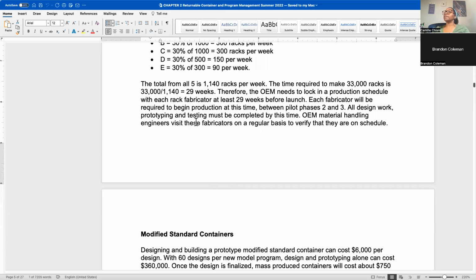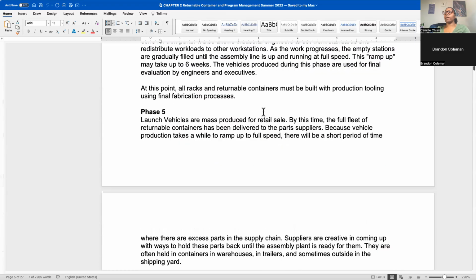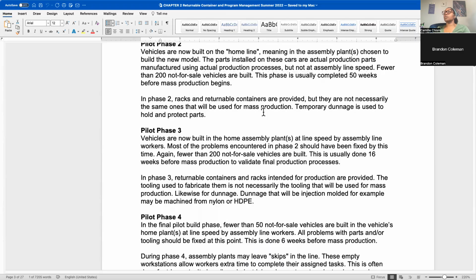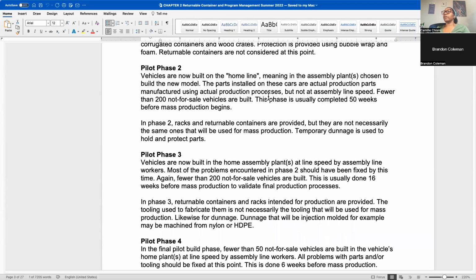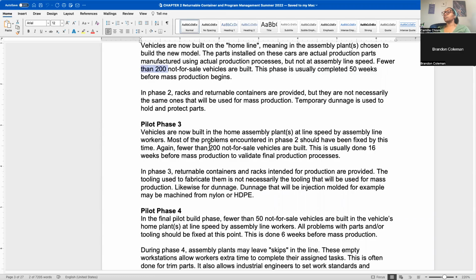So based on how long it's going to take, in this particular example, you're looking at production starting at the rack supplier in phases 2 and 3. So again, we'll go back up here. Phase 2 and 3, this is where they're making fewer than 200 vehicles, right? And in phase 3, they're still doing 200 vehicles that aren't for sale.